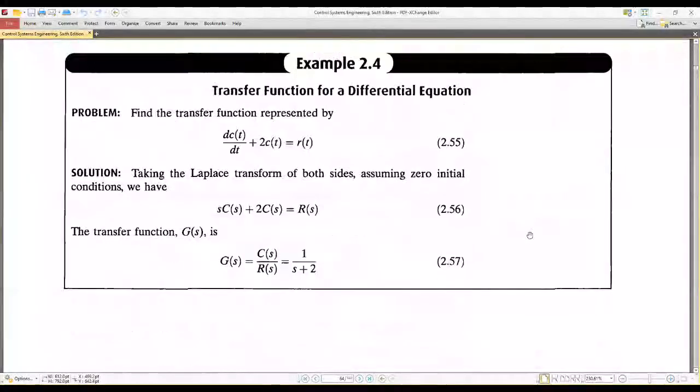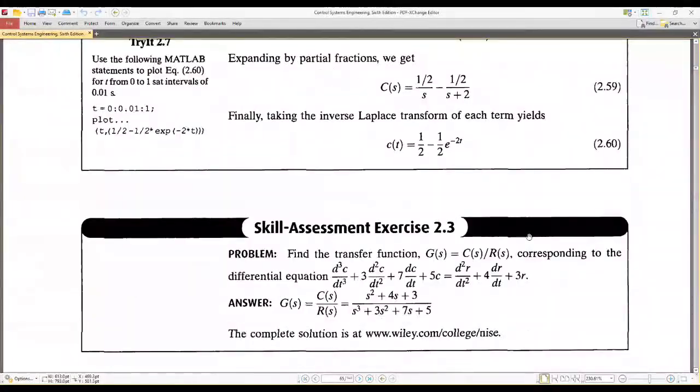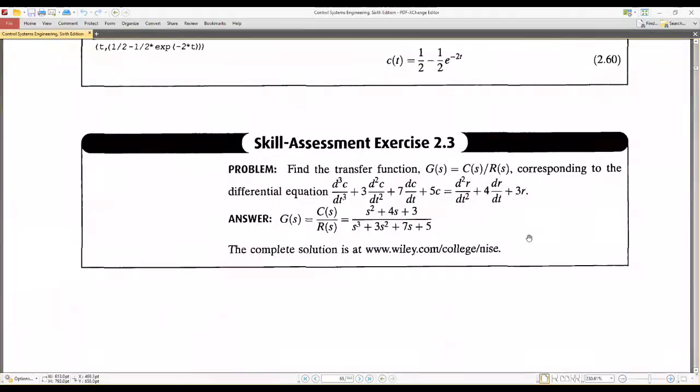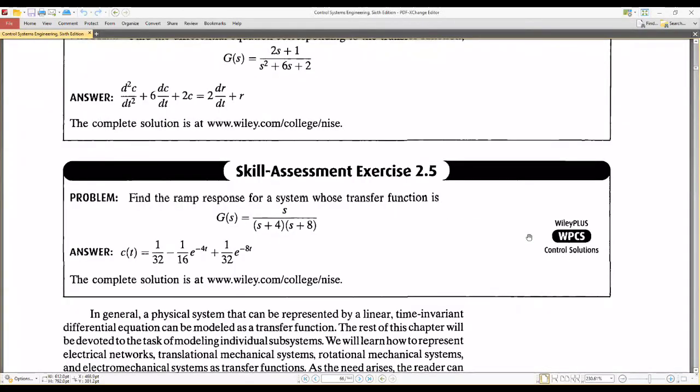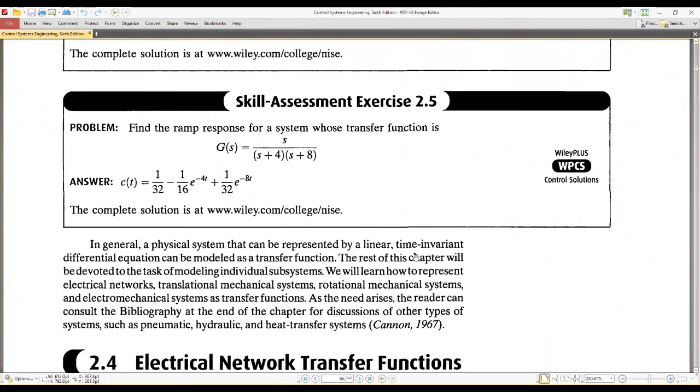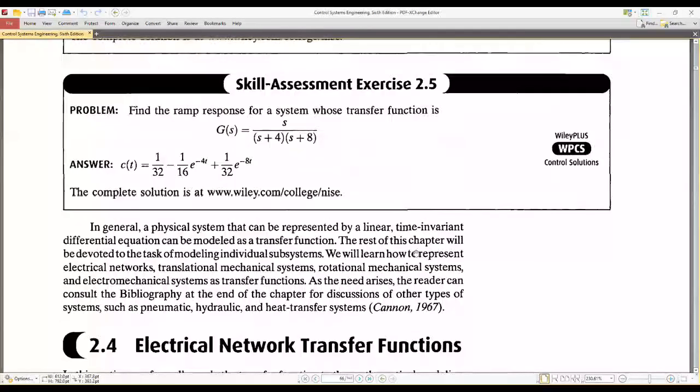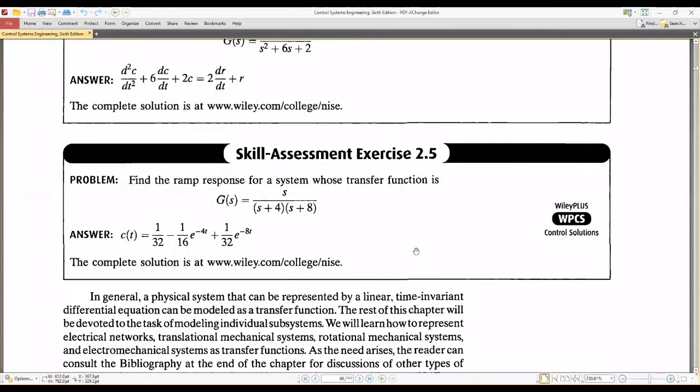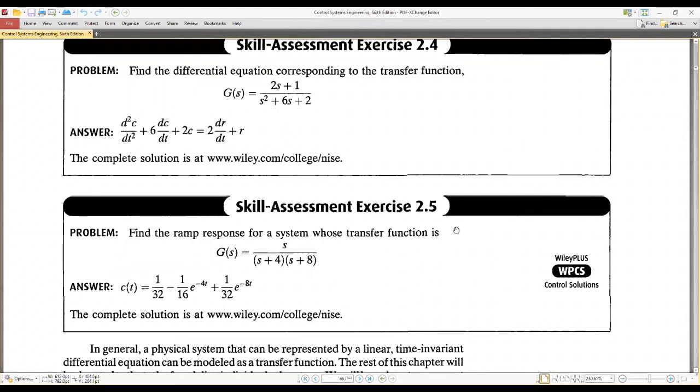This is the transfer function, 2.4, 2.5. Similarly, they have given a few more examples, like assessment 2.4, 2.5. So today I'll stop here, up to the transfer function, Laplace transform, and how to do the inverse Laplace transform.